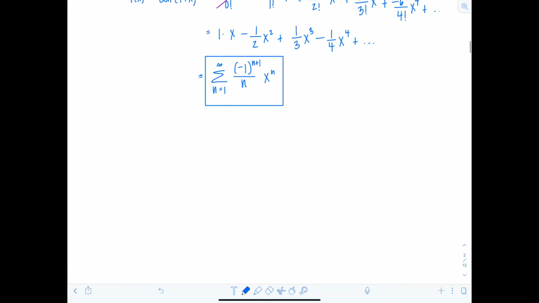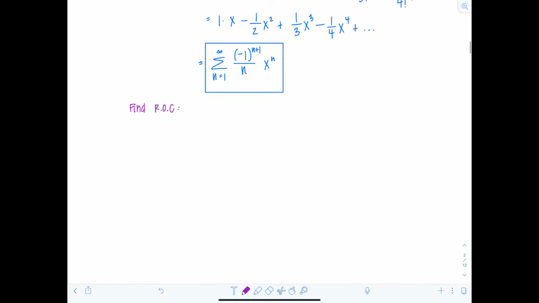Now, we need to find the radius of convergence. So how do we do that? Well, in this case, I'm going to use the ratio test. So I need the limit as n approaches infinity, absolute value. I'm just going to throw out the negative 1 to the n plus 1 portion since I'm taking the absolute value.